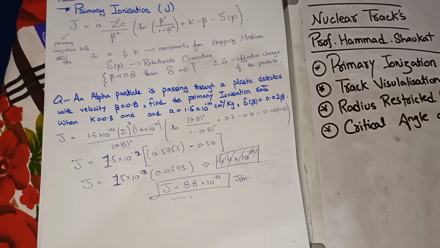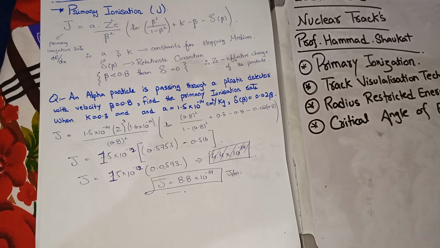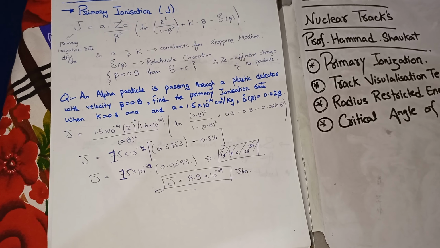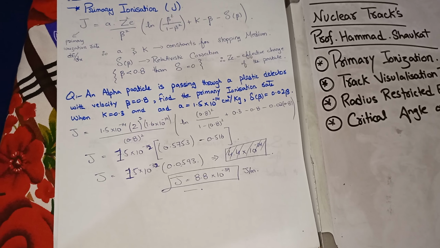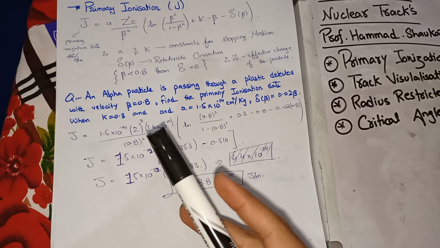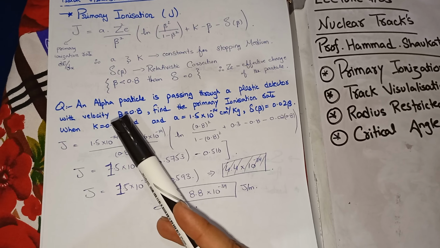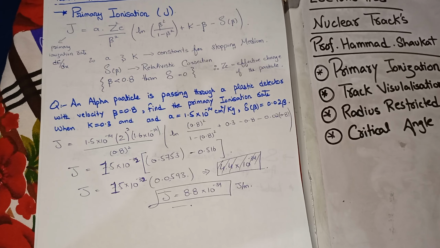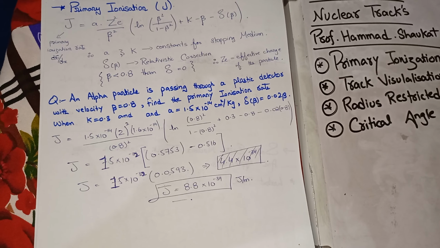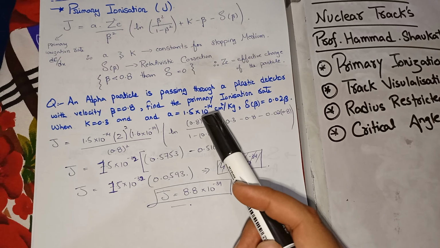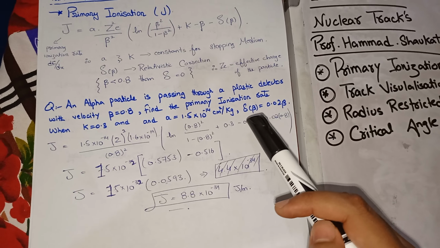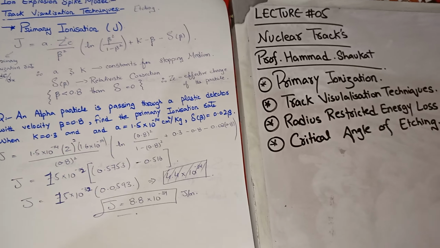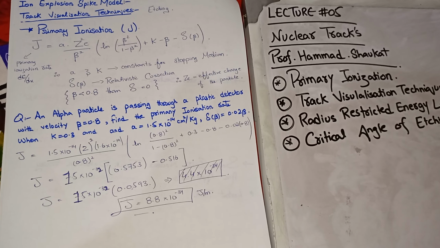The question is: an alpha particle is passing through a plastic detector when its velocity is beta equals 0.8, where beta equals V by C. We have to find the primary ionization rate when K equals 0.3, which is a constant, and A equals 1.5 times 10 raised to power minus 14, which is also a constant, whereas delta beta equals 0.02 beta.